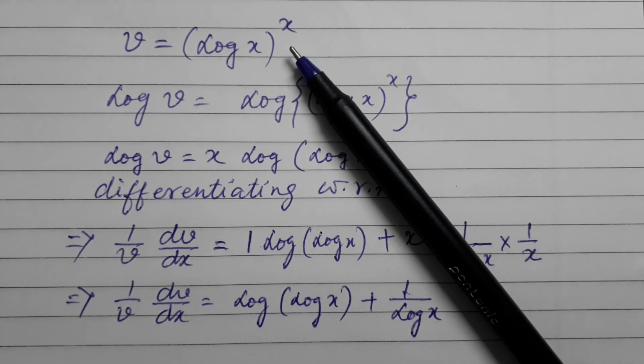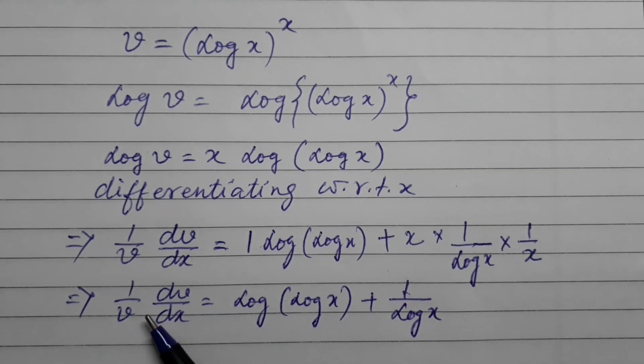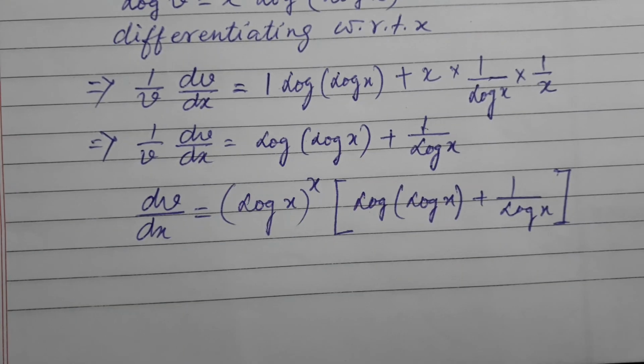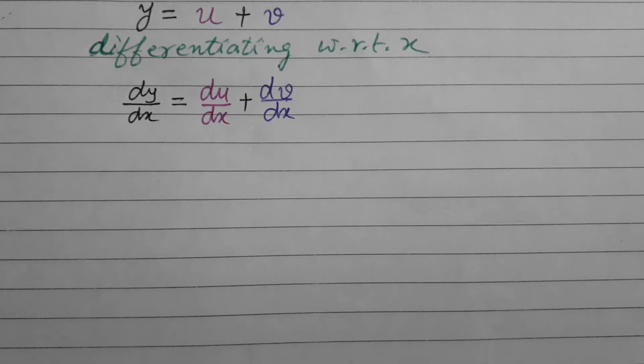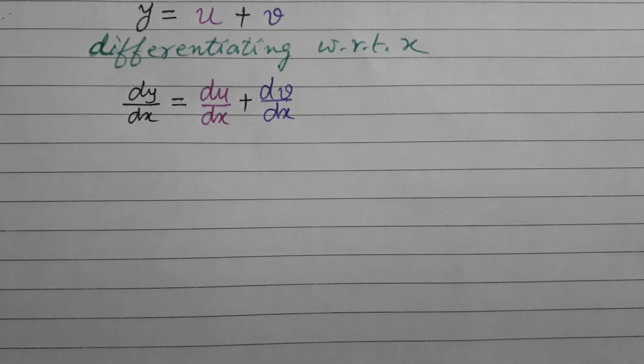Now again v = (log x)^x, and we need to multiply this v on the right hand side, and we will do both the steps together. So we can write dv/dx = (log x)^x [log(log x) + 1/log x]. Now we need to replace the values of du/dx and dv/dx.